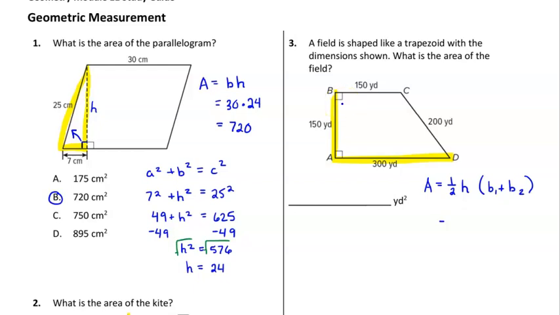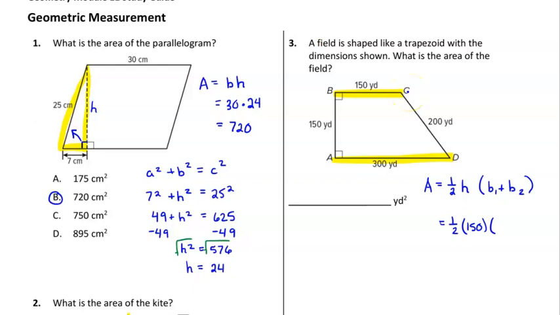All right, and so we've got 1/2 times 150, which is our height, and then we're going to add our two bases together, and our two bases are going to be these, our two parallel sides.